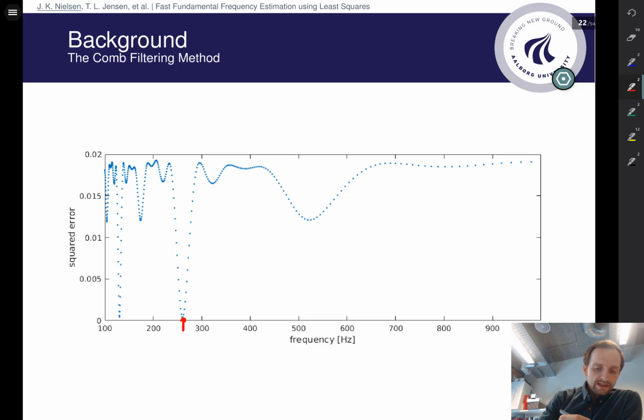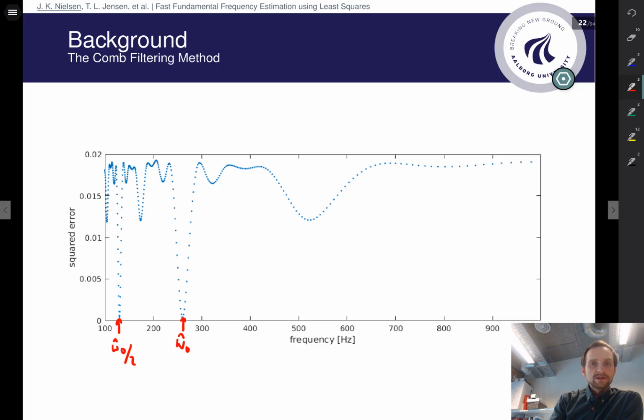You can also see that you have another peak here, which has nearly the same value as the true fundamental frequency. So if this is omega 0 hat, then this is omega 0 hat divided by 2.